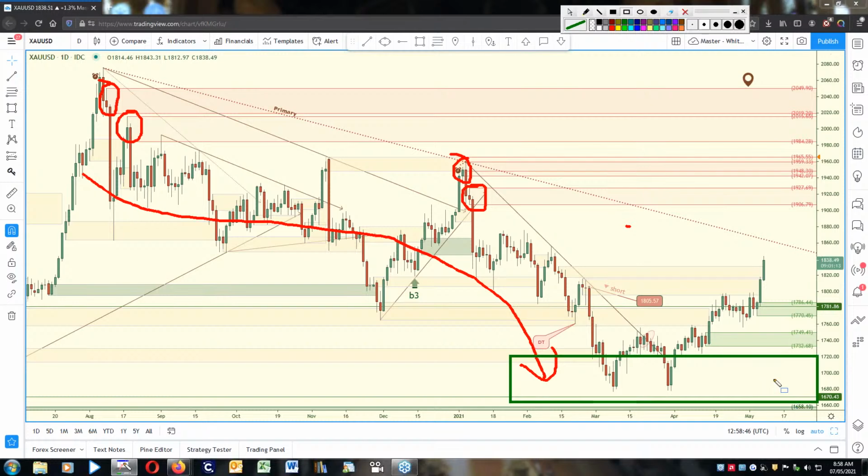And so as you can see, now that the institutions are filling in that demand here and here, now what are they doing? They're removing multiple areas of supply.